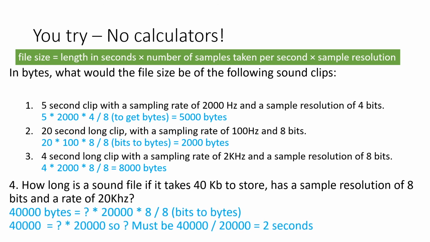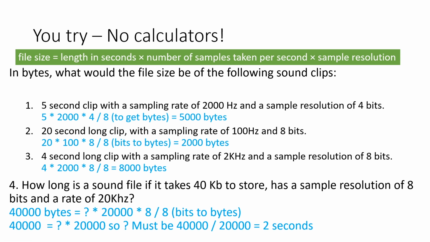You know that 40,000 bytes is going to be whatever the length is, we don't know, multiplied by the number of samples, which is 20,000, multiplied by the resolution, which is 8, and then that calculation itself would have been divided by 8 at some point to get you into bytes.